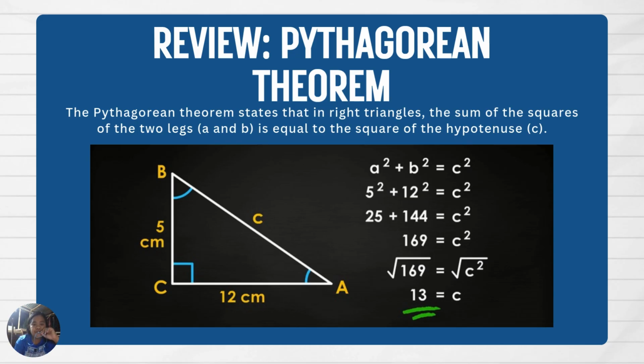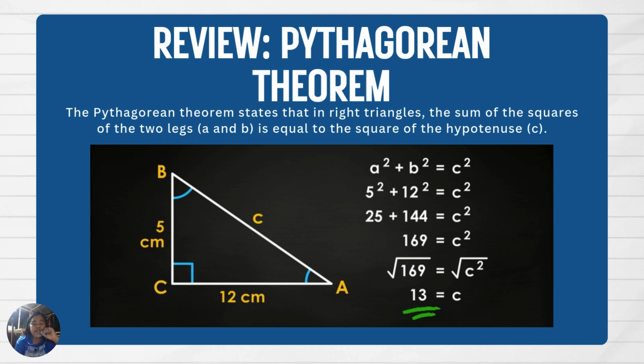We have 5 squared, a squared becomes 5 squared, plus b squared becomes 12 squared, is equal to c squared. So 5 squared is equal to 25, plus 12 squared is equal to 144, is equal to c squared. So 144 plus 25 is equal to 169.